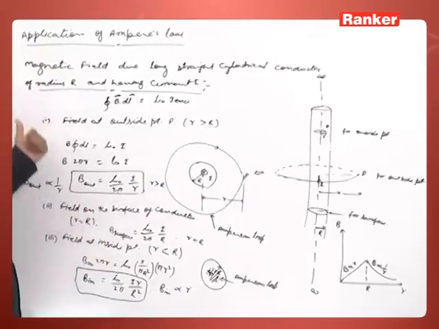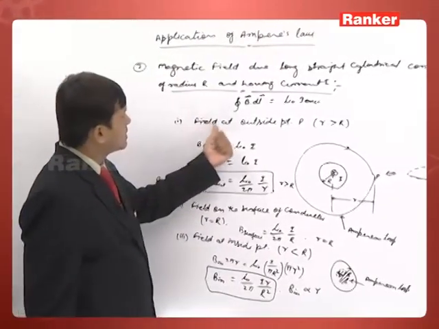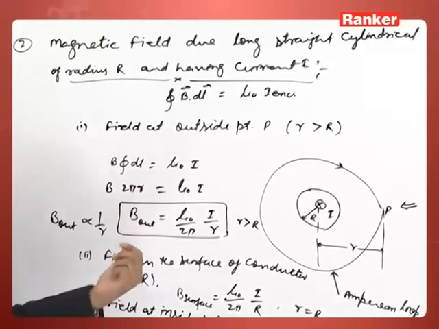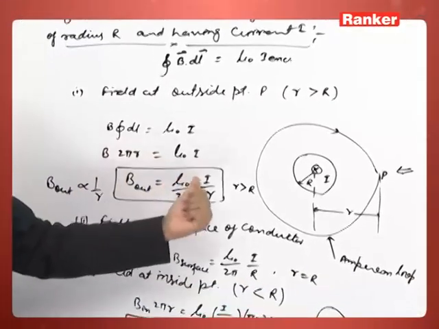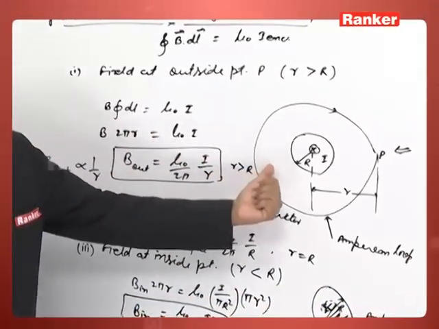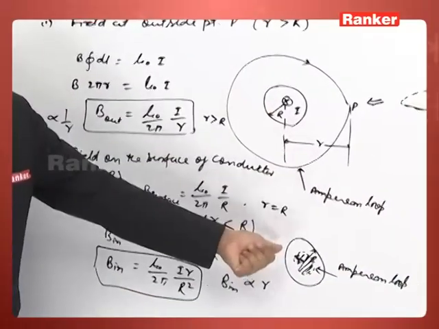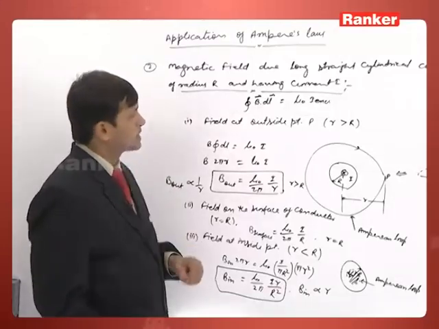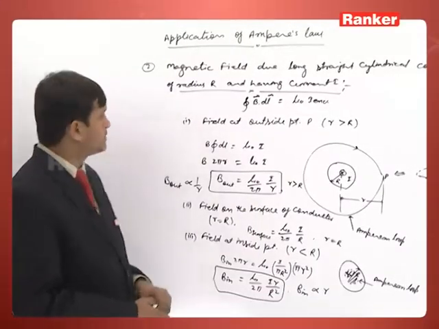So this is another application of Ampere's law. By using Ampere's law, we have determined the magnetic field at all points: outside point, inside point, and on the surface. Now see another example, another application.